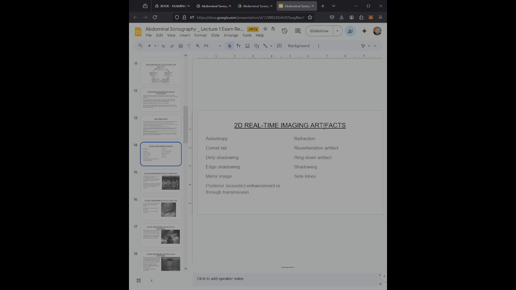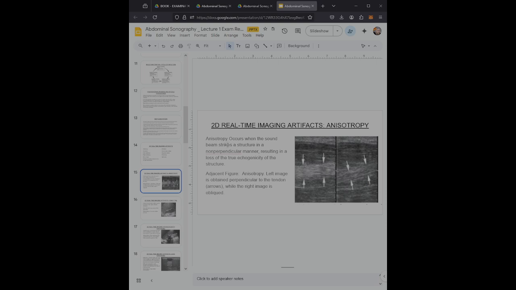There are some 2D imaging artifacts that we might encounter as we scan, and we have some images of these below. Anisotropy. So anisotropy occurs when the sound beam, the ultrasound beam, strikes a structure in a non-perpendicular manner, resulting in a loss of the true echogenicity of the structure.